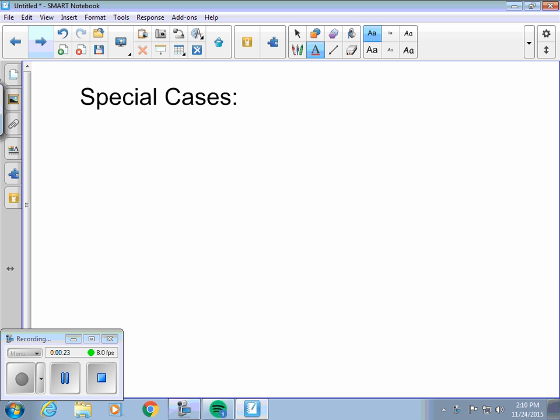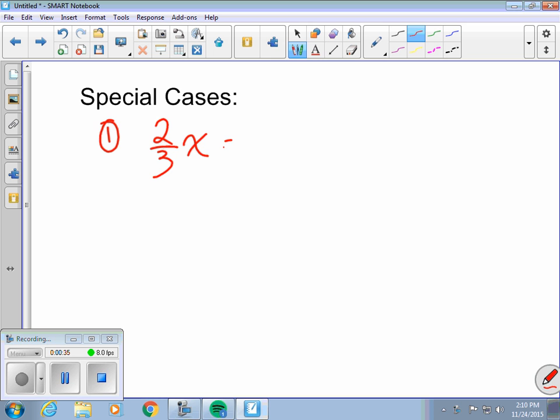We're going to look at a couple of special cases for solving one-step equations before we move forward. First special case is when you have a fraction being multiplied by a value. So this isn't your typical problem, because as we've looked at these, if I plugged in a value for x, I would multiply.